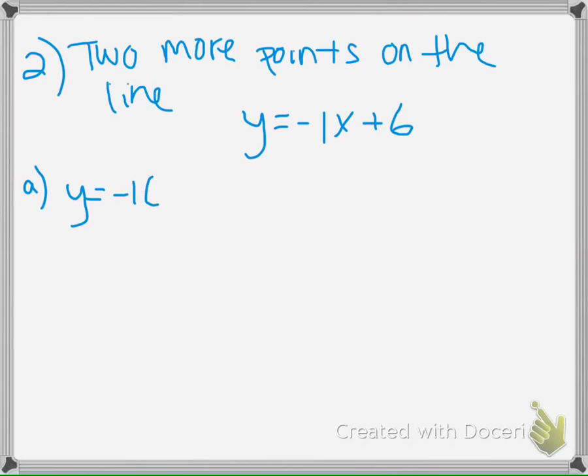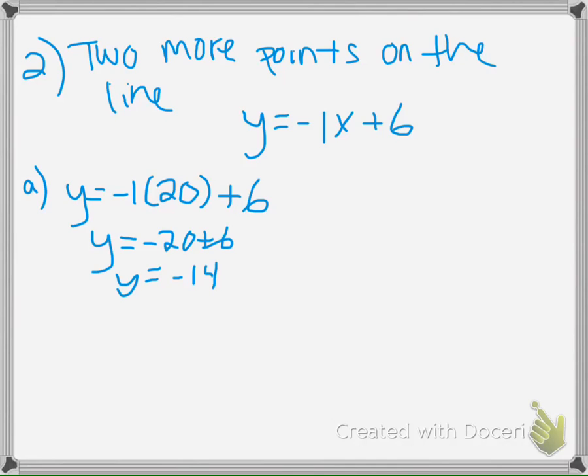So instead of x, I'm going to substitute 20 and then solve for y. -1 times 20 is -20. -20 plus 6 is -14, which means when x is 20, y is 14. So I get to write my coordinate point, 20, 14. This point falls on this line. If I were to graph this line on a graph, I could find this point, 20, 14.